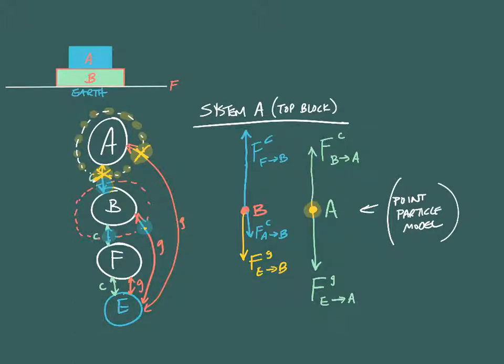Because why? There's another block on top of it. And so that's why that blue up arrow for the floor on the block, that's a scale reading. That's like there's a bathroom scale between the floor and the block. That would read more in magnitude than the other one. Because block A, if I put one on that, it's just block A, not block A and block B.